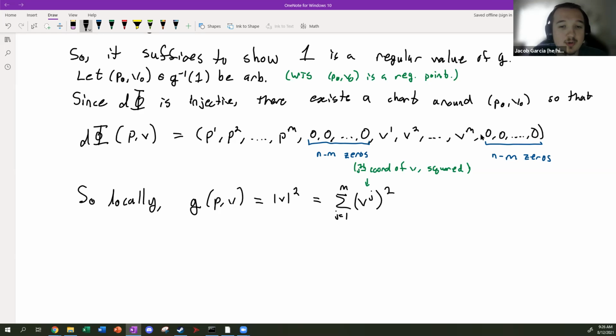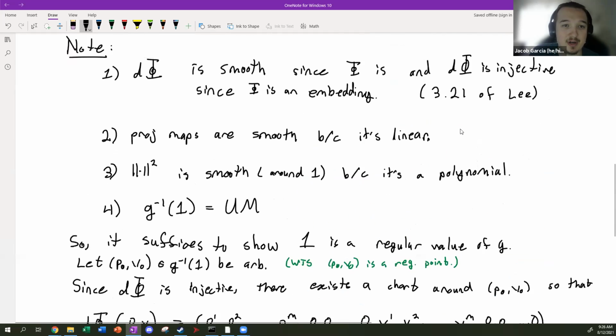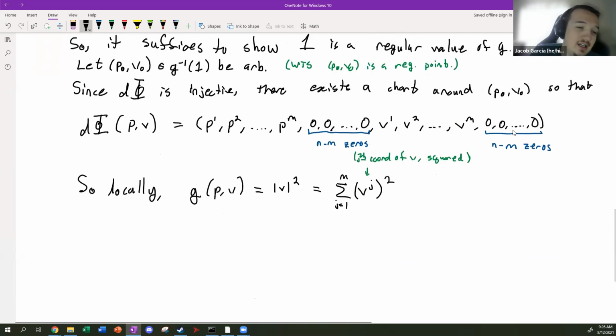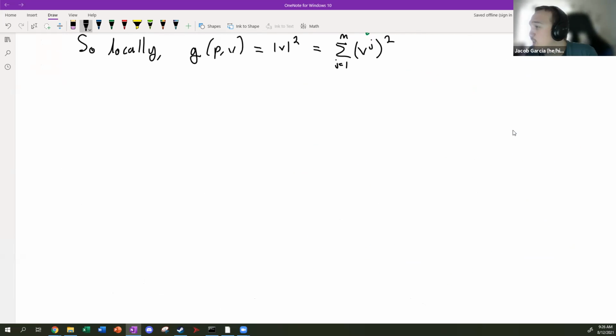Now this is a map, or at least I can view it as a map from my intermediary R n cross R into R, which is just a map between Euclidean spaces. And so the differential just coincides with the Jacobian.